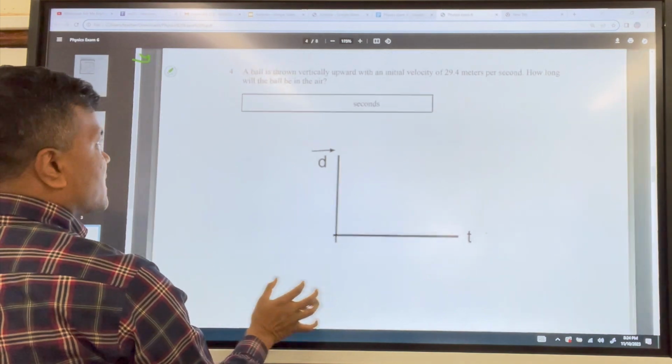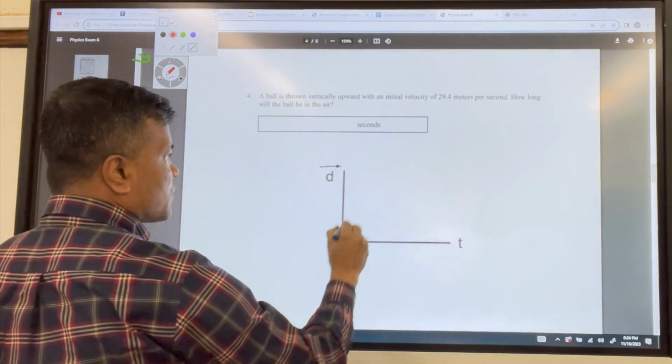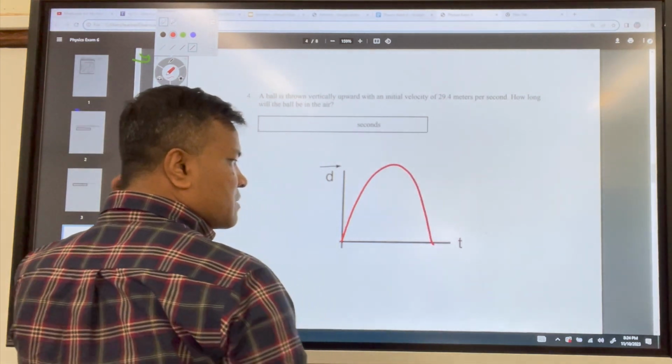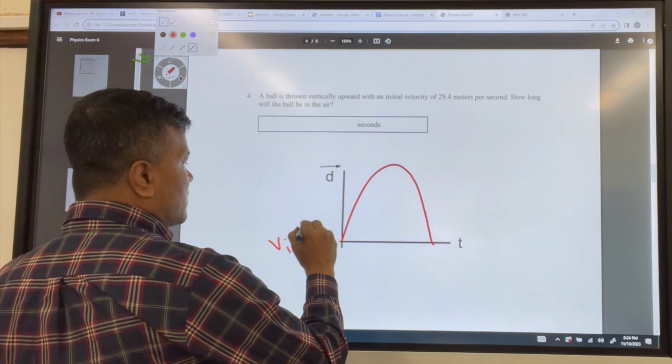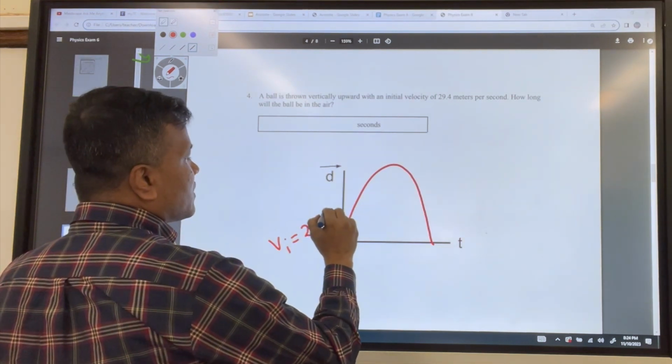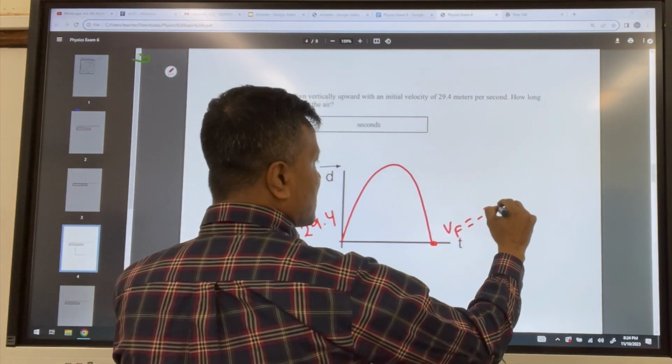In problem number 4, I asked you to find the elapsed time, how long the ball was in the air. Many people made mistakes. You can do it two different ways. One is, initial velocity is 29.4, and the final velocity is negative 29.4.